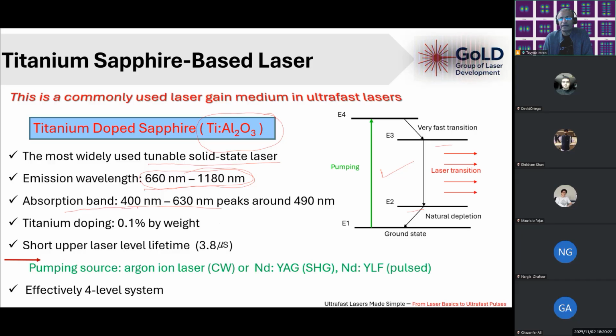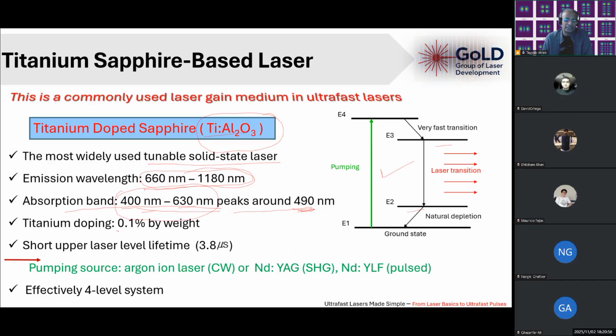So that light is supposed to be absorbed and then stimulated emission, population inversion, etc. But the first thing is that the pump has to be in the range of the absorption band. The absorption band in case of Ti:sapphire is 400 to 630 nanometers, with a peak around 490 or 500. It is much better to have a pump source around this value.